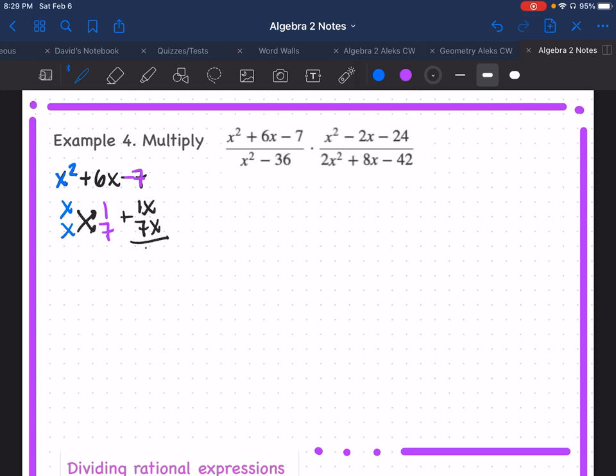I need to add them together and get 6x. So that would mean the 1 would have to be negative. Oops, that should be a plus. There we go. Okay, let's go ahead and factor this denominator.